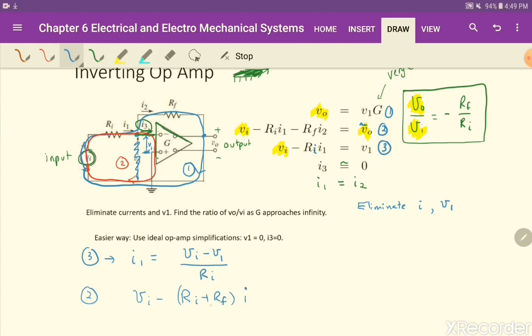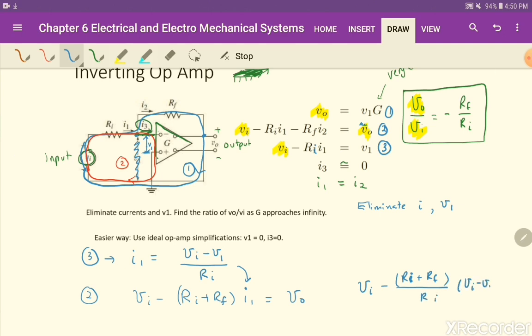I took out the subscript because there's only one current in the system, so I'm just going to call it I, and it equals your V out. Is that clear what I'm trying to do? I'm trying to relate V out to V in, VI. Current needs to disappear. So now I'm going to plug that in here. So I have something like VI minus RI plus RF divided by RI.